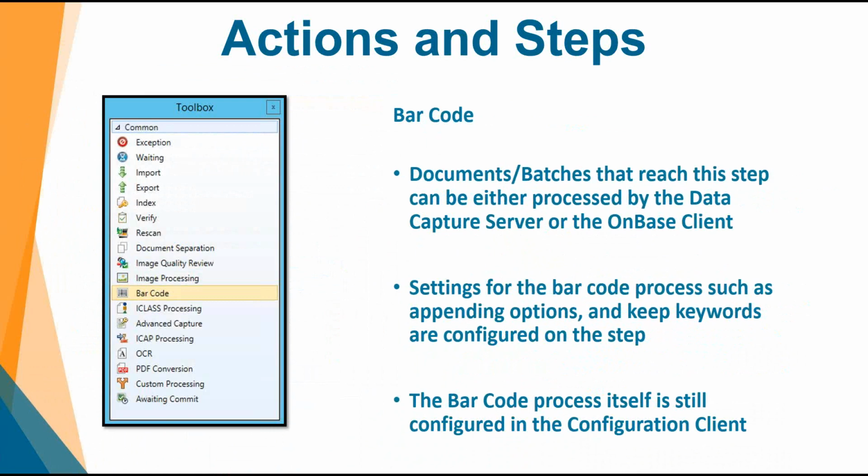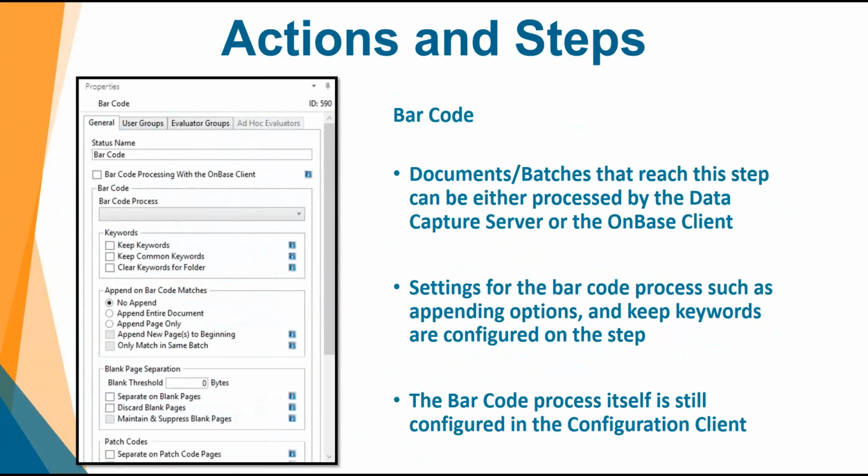So next up, we have the barcode step. And this really replaces the idea of a separate barcode processing queue of a legacy scan queue. You can see that within the properties pane, we have the option to have the OnBase client execute the barcode process. So the client would need to have either the scan auto commit switch applied or be running as a Windows service.